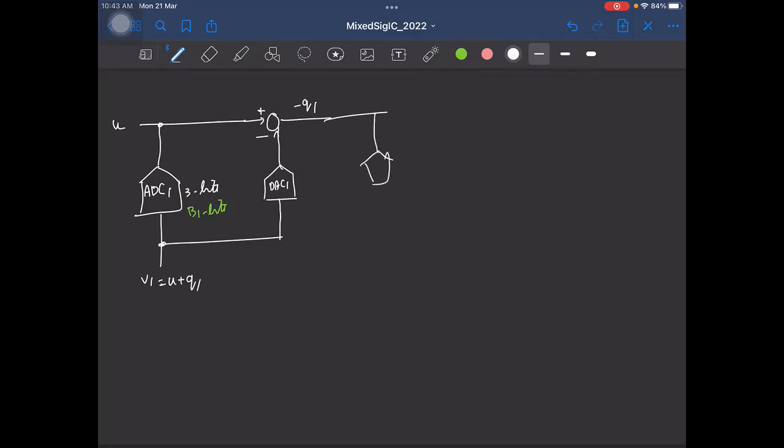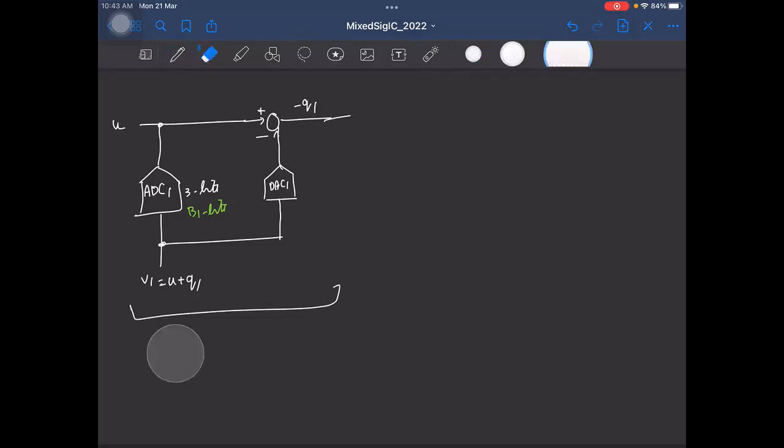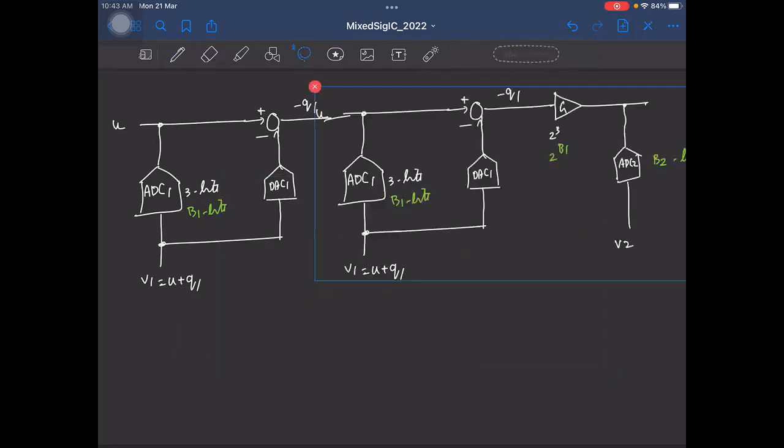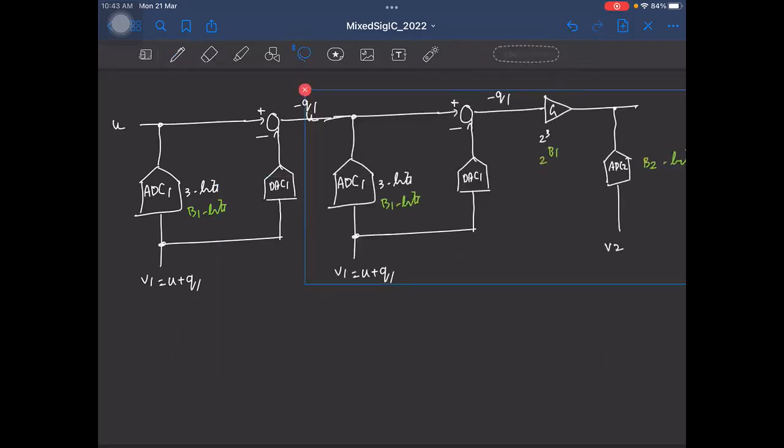The ADC following this will now be a 2-step ADC. That's all. So I'll just simply paste it here. Okay, so let me erase these.